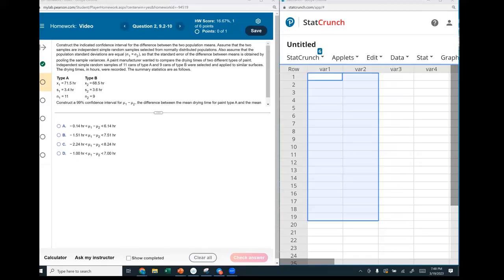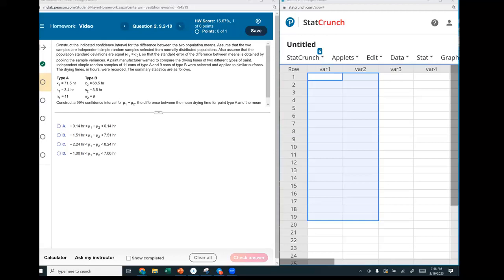Construct the indicated confidence interval for the difference between the two population means. Assume that the two samples are independent, simple random samples selected from normally distributed populations. Cool, we have everything we need. Also assume that the population standard deviations are equal, so that the standard error of the difference between means is obtained by pooling the sample variances.